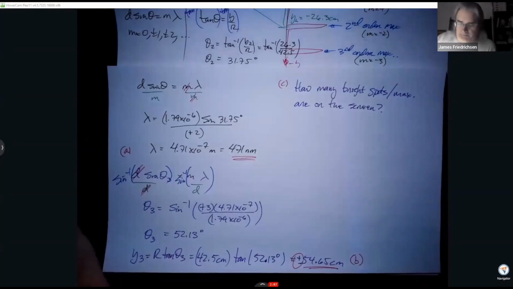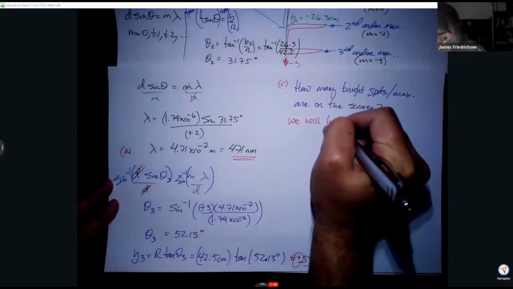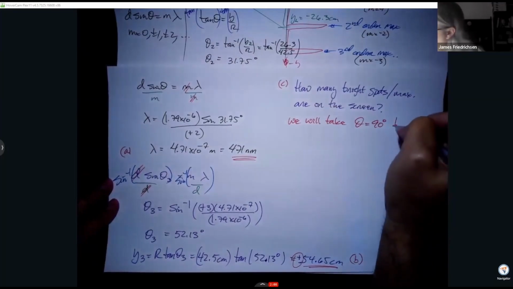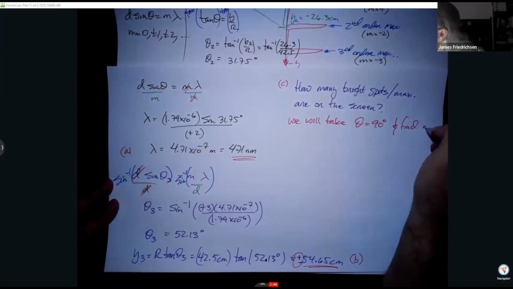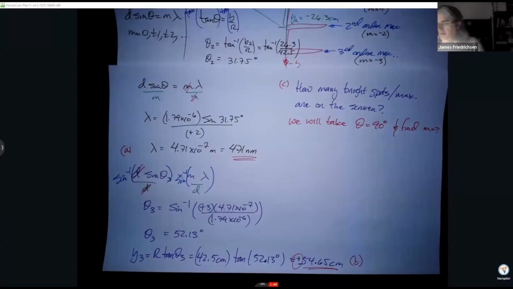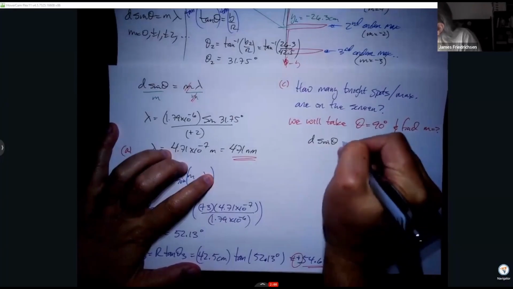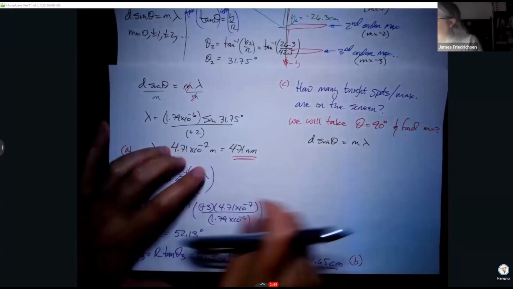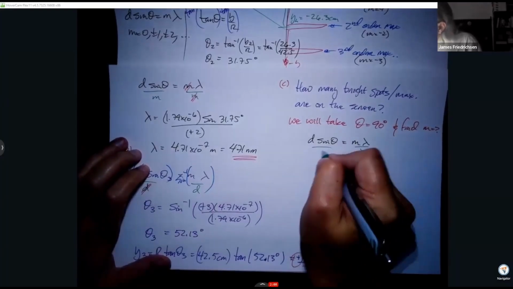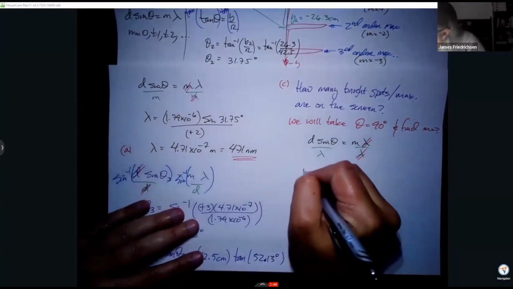So what we're going to do is we will take theta to be 90 degrees and figure out what the m is for that angle theta. Okay, so we're going to write down our d sine theta equals m lambda. We're going to solve for m, and we're going to load theta in as 90. So we'll divide both sides by the wavelength. Flip the equation.